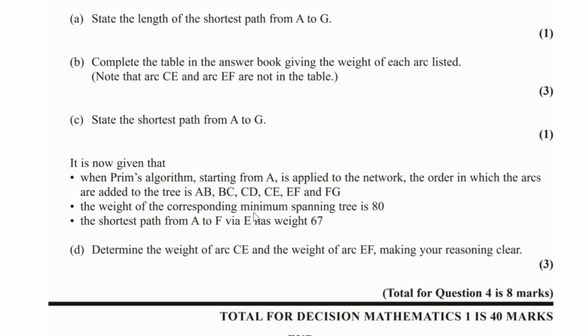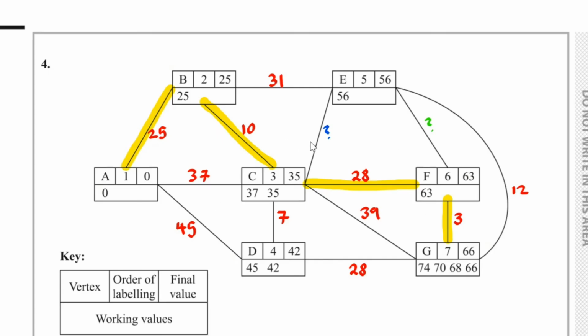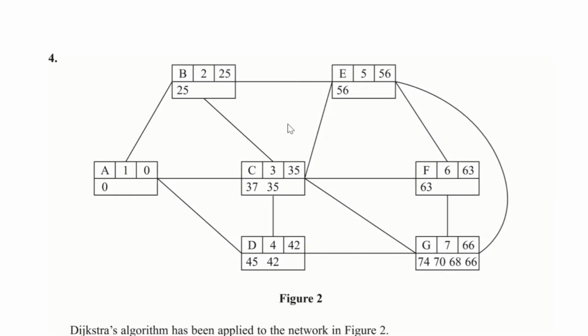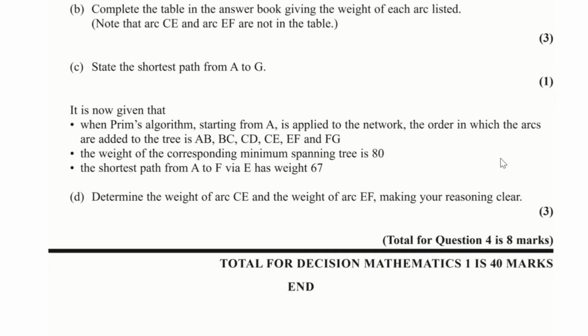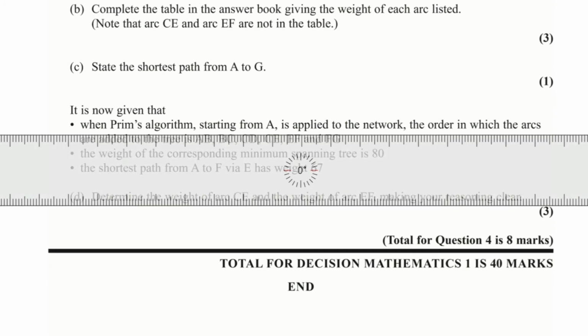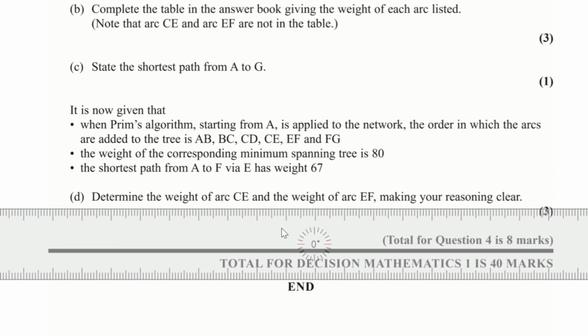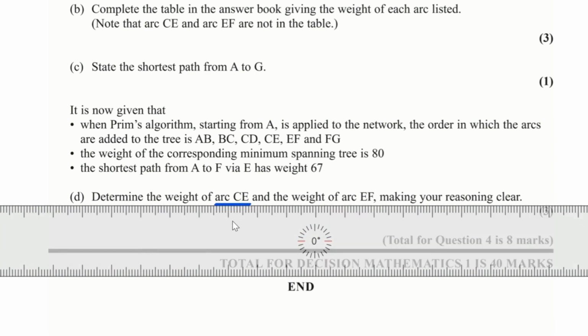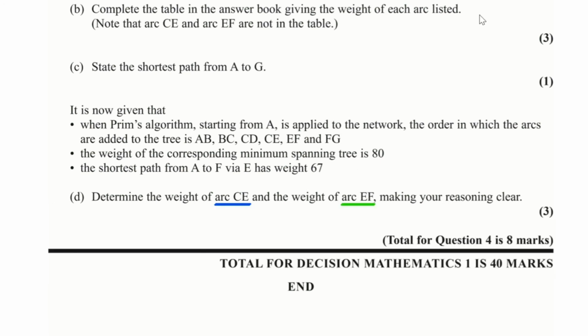The weight of the corresponding minimum spanning tree is 80, and the shortest path from A to F via E has weight 67. And we have to determine the weight of the arc CE. Now CE is this arc here, and the arc EF, these are what we are trying to find out.